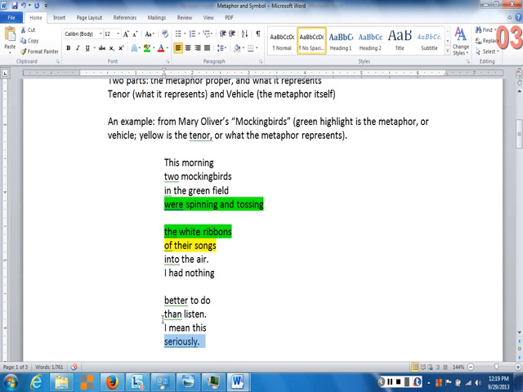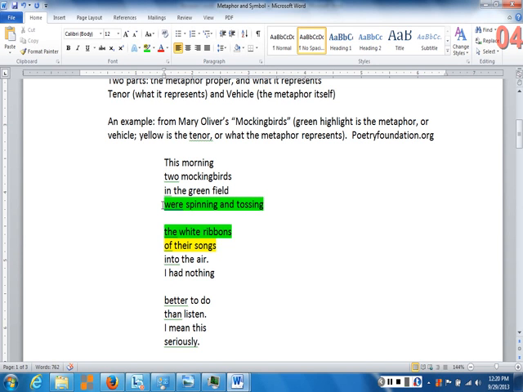You can find them by going to a site such as Poetry Foundation, poetryfoundation.org, a very, very good site for your study of poetry, because you can find not only individual poems such as this one, but you can find information about poetry, a glossary of terms related to poetry and literature, and so on. Let's get back to our metaphor.